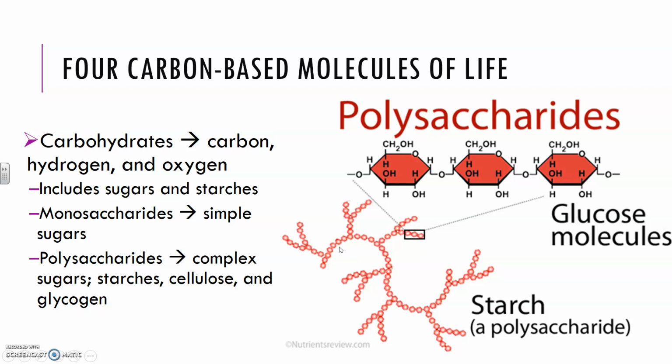If you look closely, you can actually see the different glucose molecules all bonded together. Each individual glucose molecule is a monosaccharide, but when you get them all together, they are polysaccharides. Very similar to the monomer-polymer thing here.